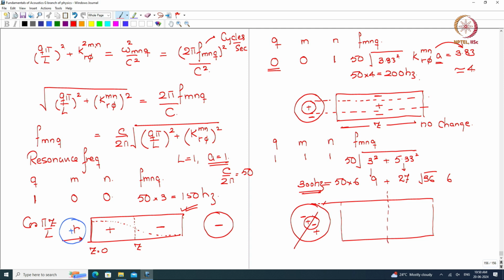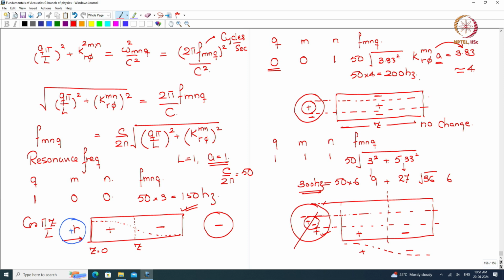Okay, so if I take a cut over here, so I will see a plus over here due to this, but because Q is also 1, Q goes like this, Q has a plus minus, so this will be a minus.